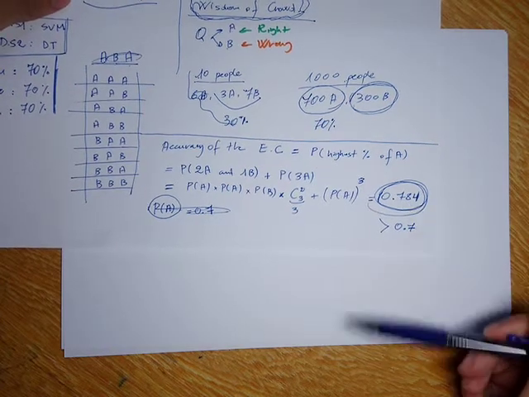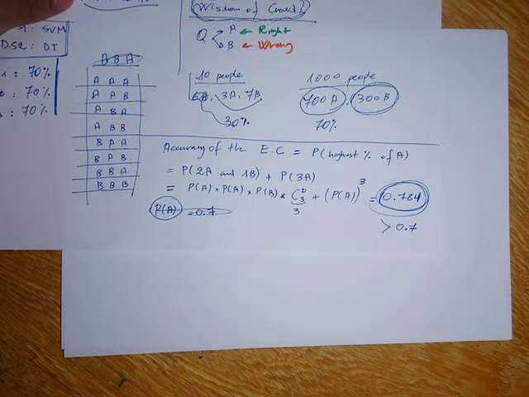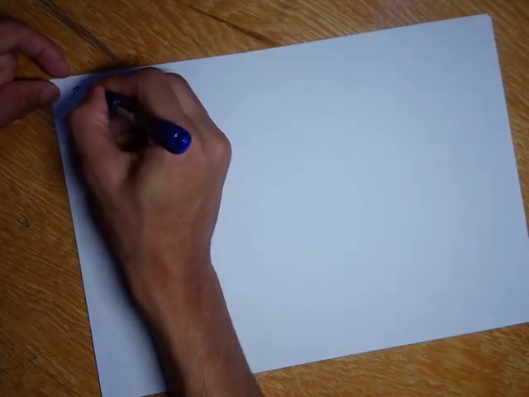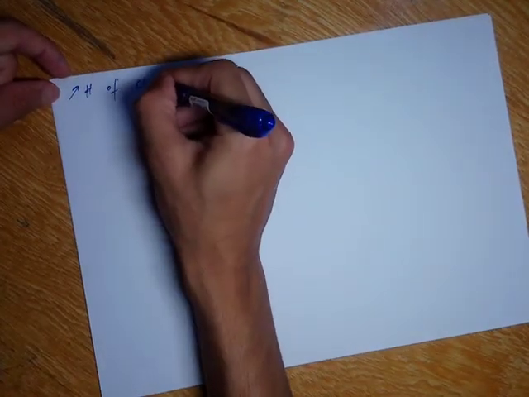Now, what I want to talk about in this video is how to increase this accuracy. What if I want to get an accuracy that is, for example, 0.8 or 80%? Well, to increase the accuracy, we need to increase the number of classifiers.